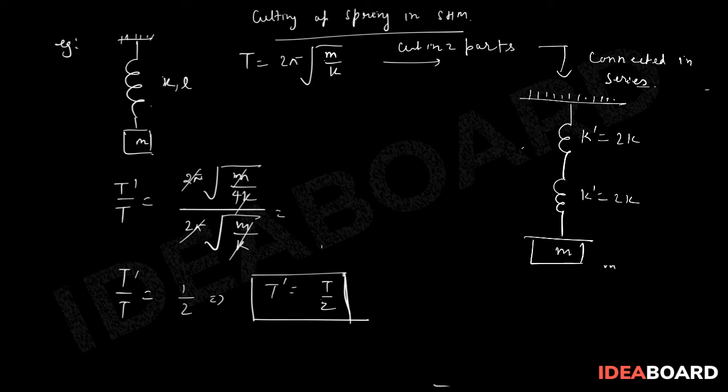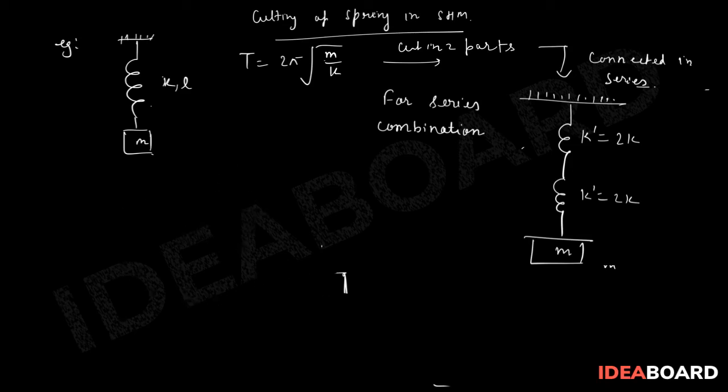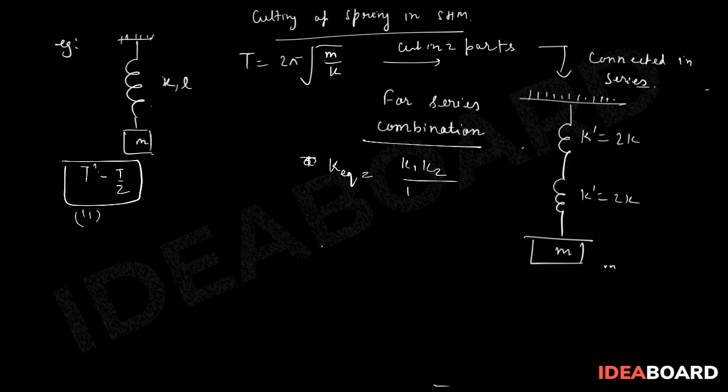We know that for series combination, the answer of the parallel was T dash is T by 2. And for series combination, here we go, we have K equivalent for two spring system, K1 K2 upon K1 plus K2.